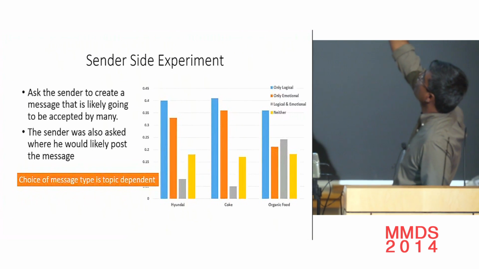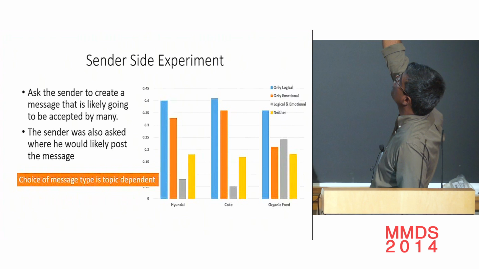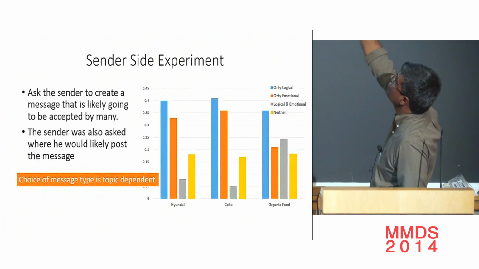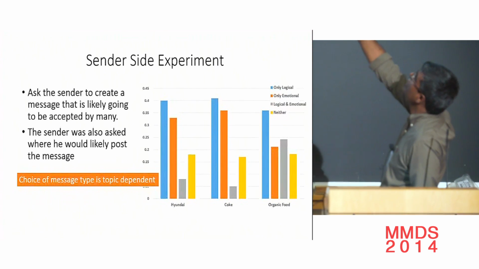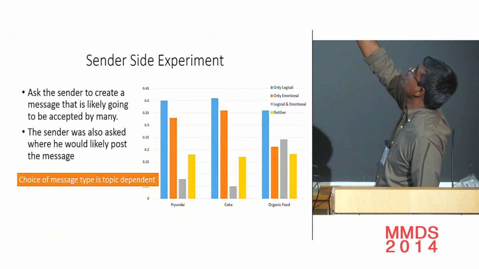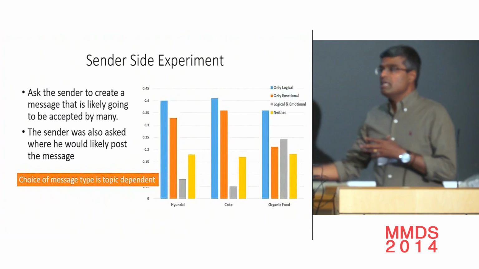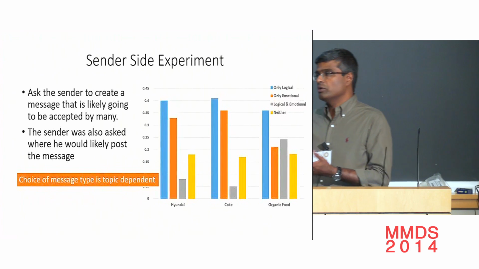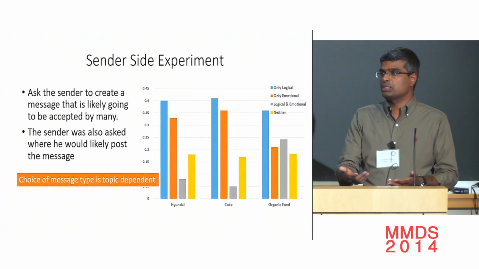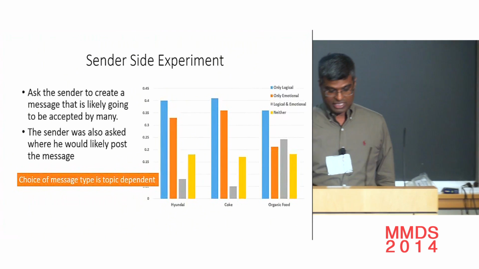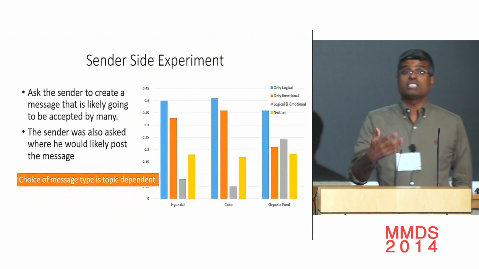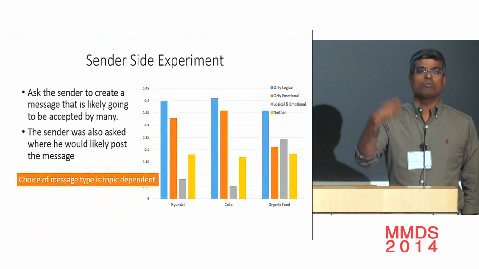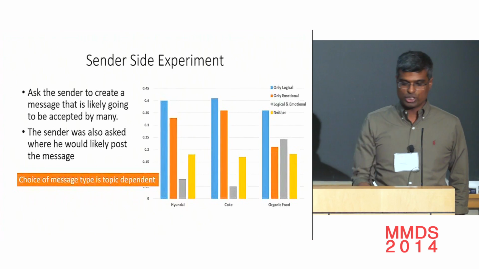For example, in the case of organic food, they tend to largely pick both logical and emotional messages, whereas in the case of Coke, it's mostly emotional, like I grew up with Coke during holidays all my childhood, and it somehow resonates with a lot of receivers, okay? So the choice of message is also very dependent on the topic. So it's not like people randomly pick messages to push them around through the network.